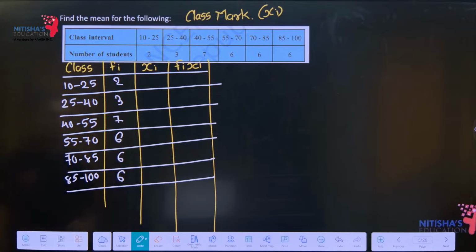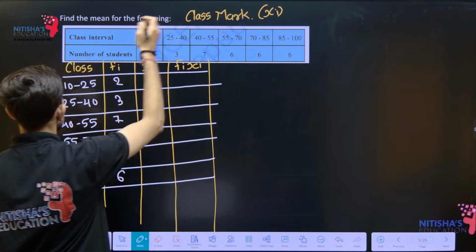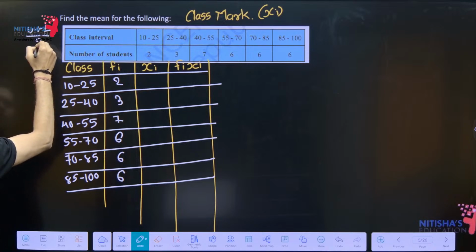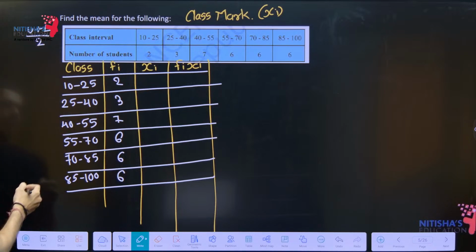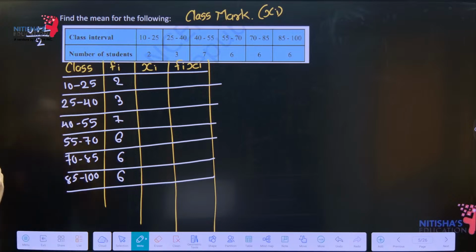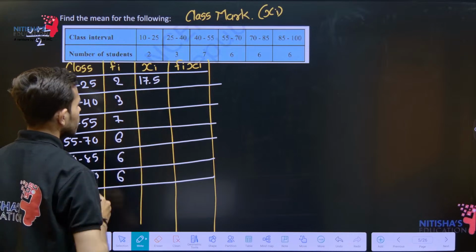Now, what is Xi? Xi is our class mark, which is given by the upper limit plus lower limit divided by 2. So for 10 and 25, 10 plus 25 is 35, and 35 divided by 2 is 17.5.